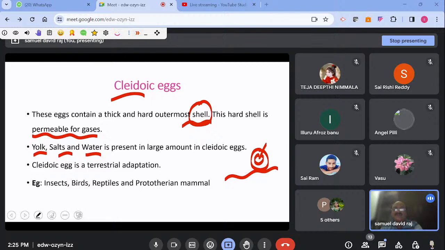Thus, it is a sort of terrestrial adaptation seen in insects, birds, reptiles, and prototherian mammals, which are egg-laying mammals, exemplified by platypus, Zaglossus, Tachyglossus. All these belong to Prototheria.